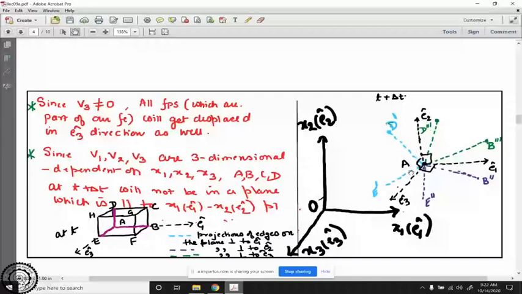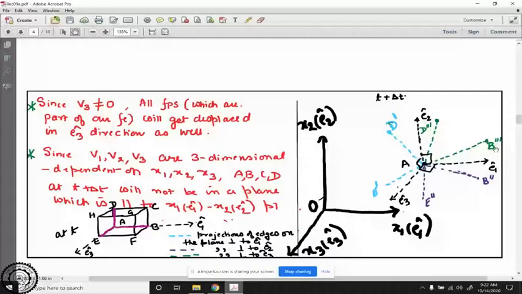AB triple prime is the projection of edge AB on the plane e1, e2 at time t plus delta t. Everything on the right-hand side is at t plus delta t.